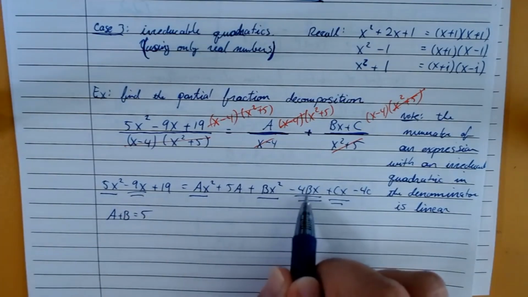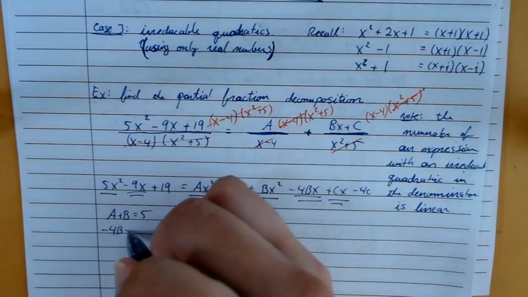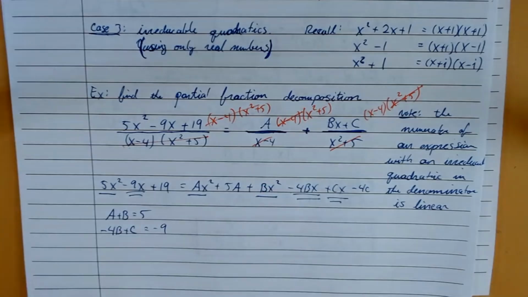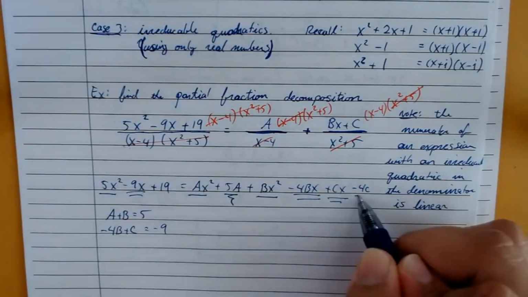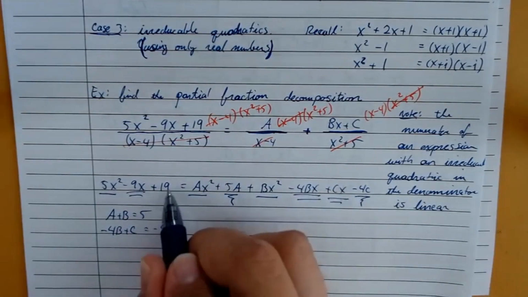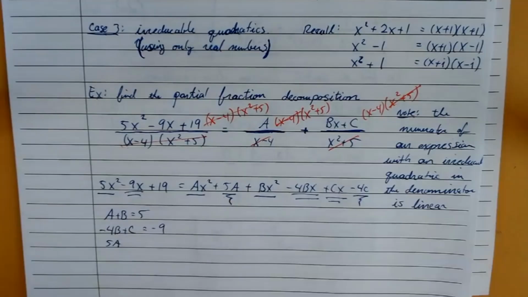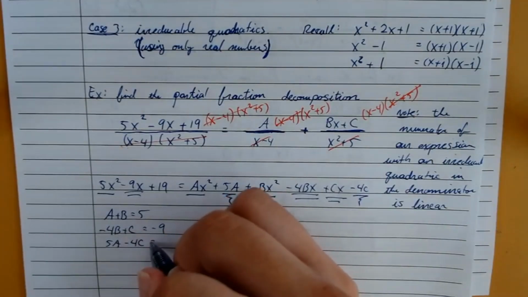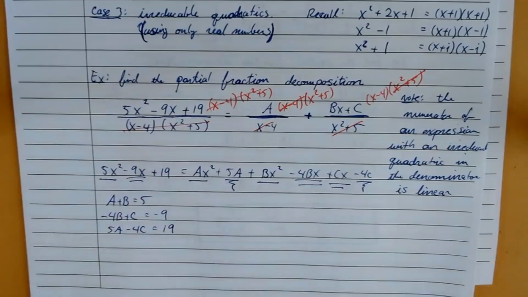So that means the coefficients, negative 4b plus c, have to equal my negative 9. And finally, my constants, 5a and negative 4c, must equal 19. 5a minus 4c, that's got to equal 19.